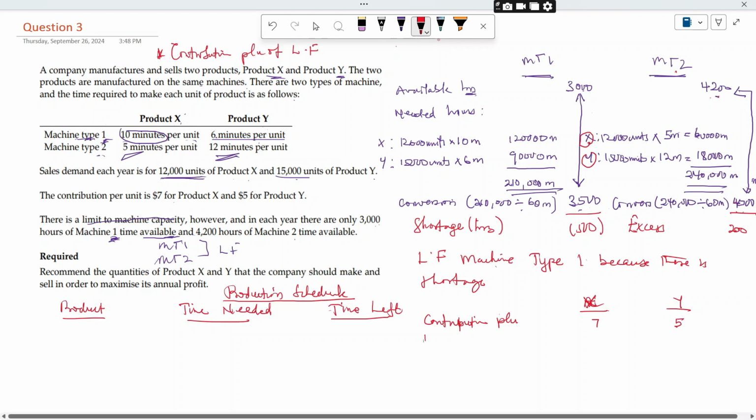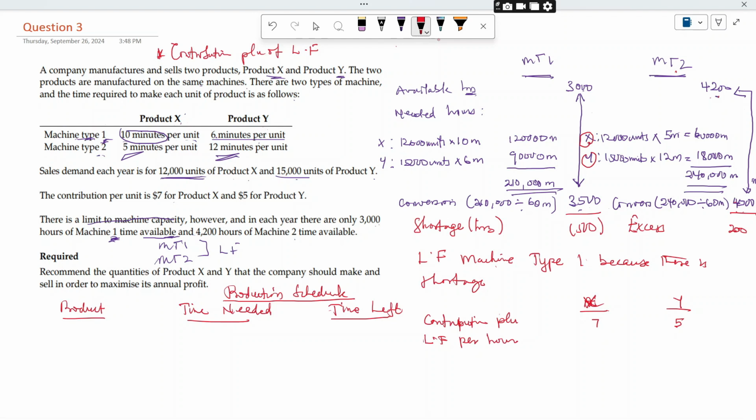Now, what is the limiting factor per hour? We have ascertained that machine type 1 is the limiting factor. So we need 10 minutes per unit on X and 6 minutes per unit on Y.